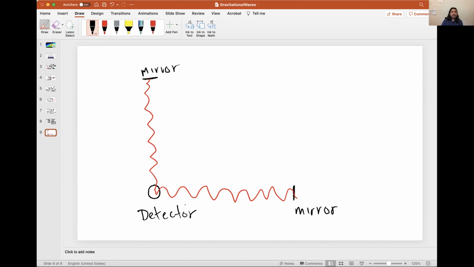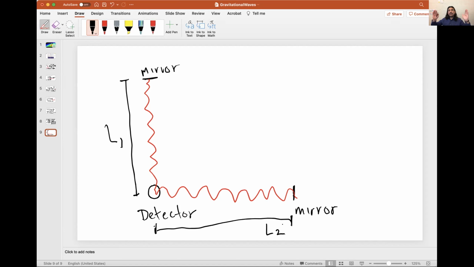And if the length from here to here, let me call this one length 1, and the length from here to here, let me call this one length 2. If length 1 and length 2 are the same, then the laser comes back with the same phase as it was sent in.